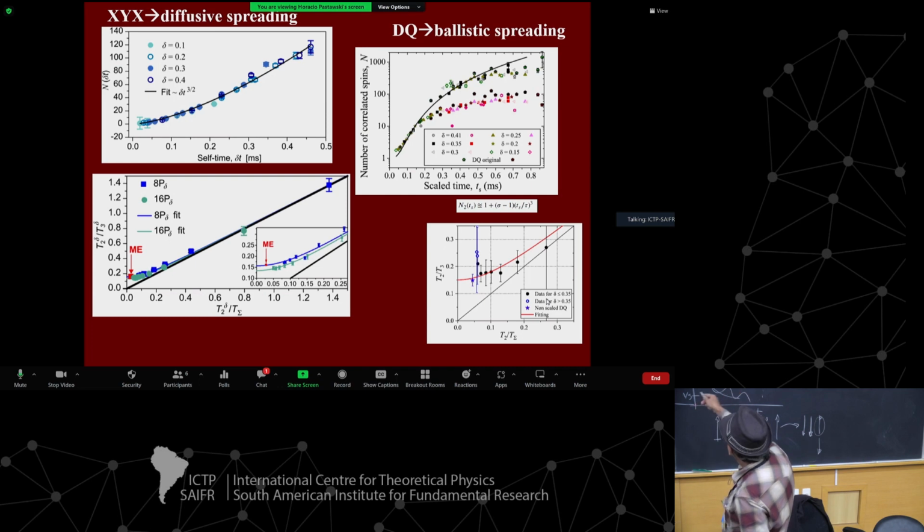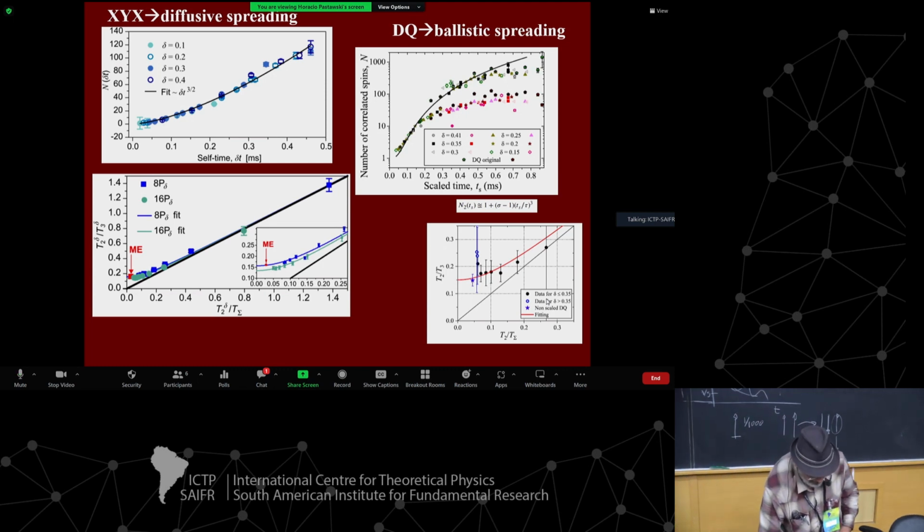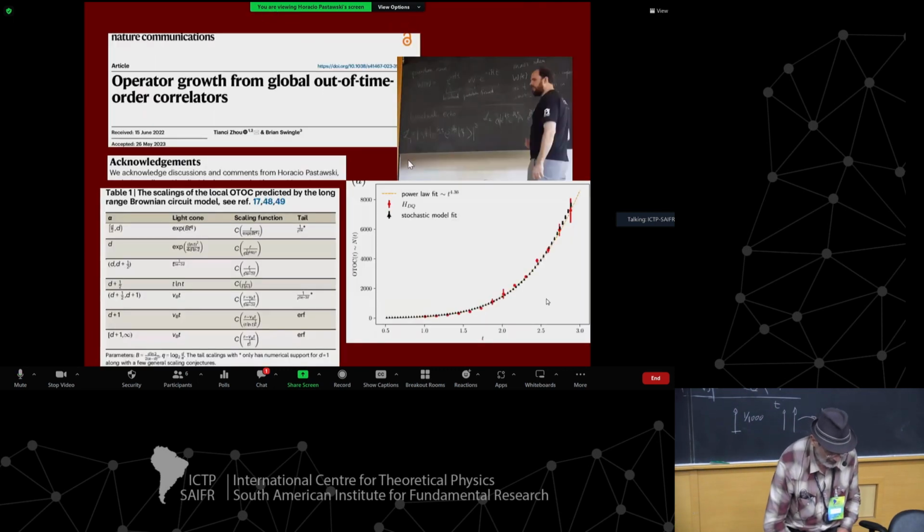This and this essentially go to the same asymptotic value, which are different Hamiltonians, different pulse sequences, same crystal. That's a result from this year. So these are the LE and OTOCs, how the information is spreading in the Hilbert space.